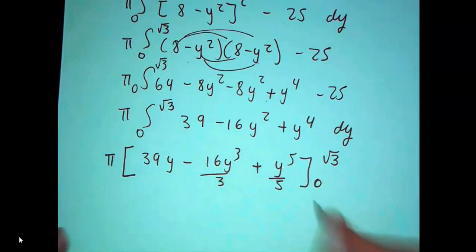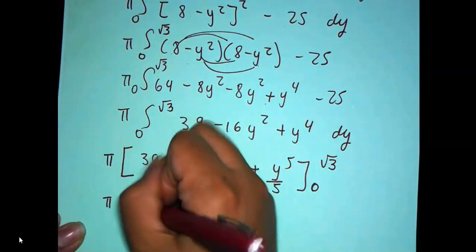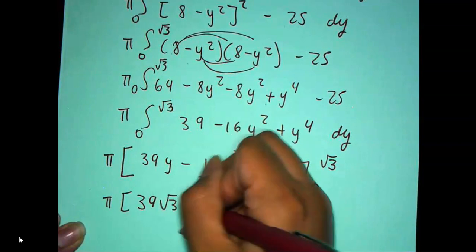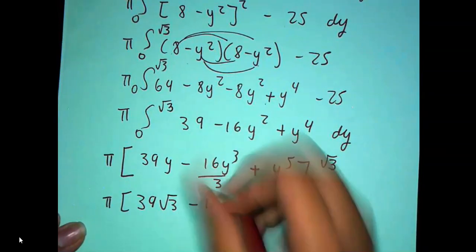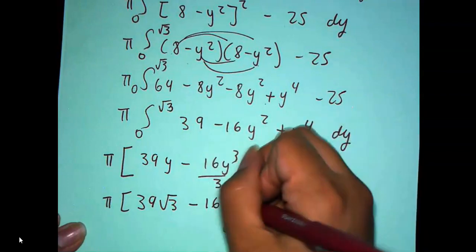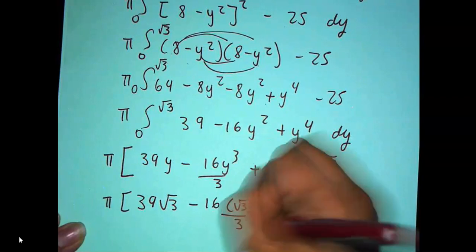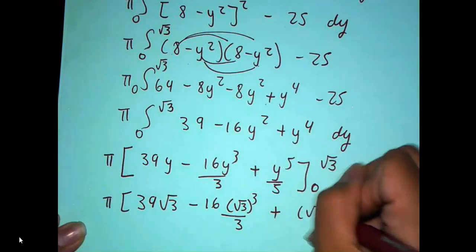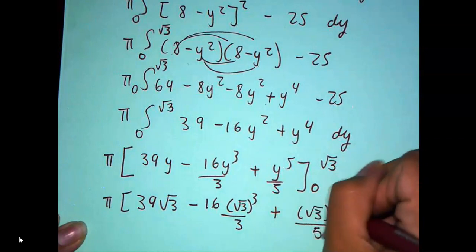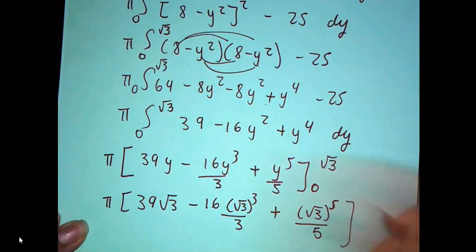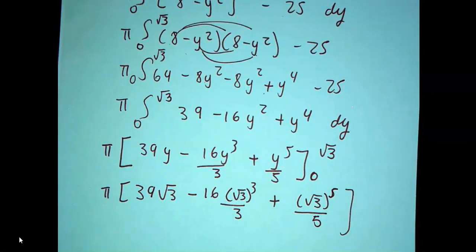So we just, again, the 0 is just going to go to 0. So we have 39 square root of 3 minus 16 square root of 3 to the 3rd power over 3 plus square root of 3 to the 5th power over 5. Again, it just depends on WebAssign how it wants the answer, but that will be our solution.